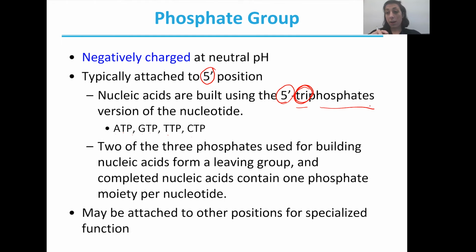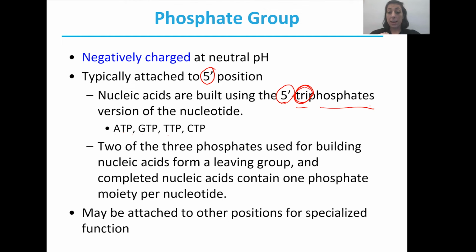These triphosphates are useful because 2 of the phosphates that are attached to that whole nucleotide are actually just utilized for building the nucleic acid, for chaining it together. And again, we'll see this when we talk about our nucleic acids in their polymer forms.